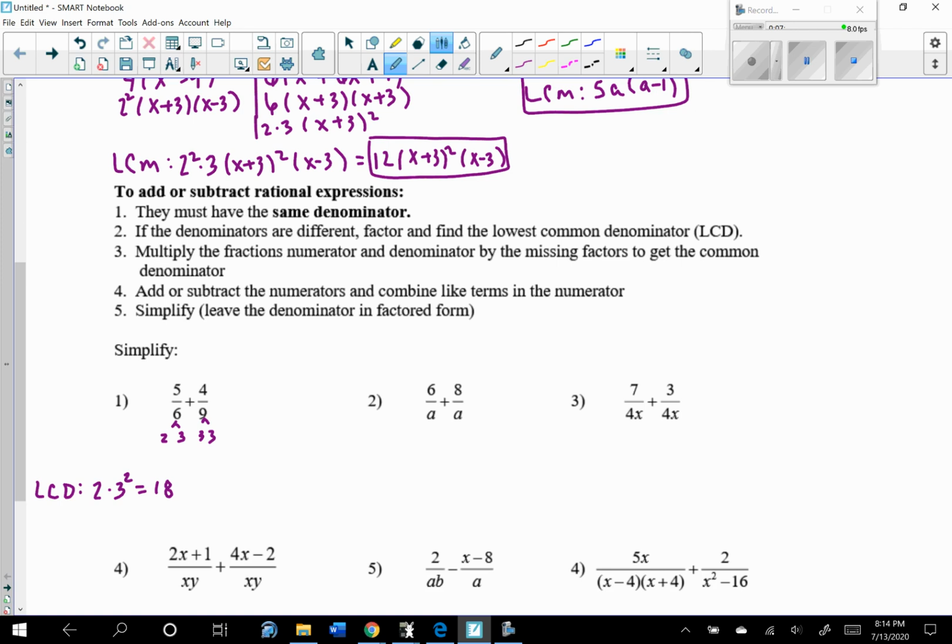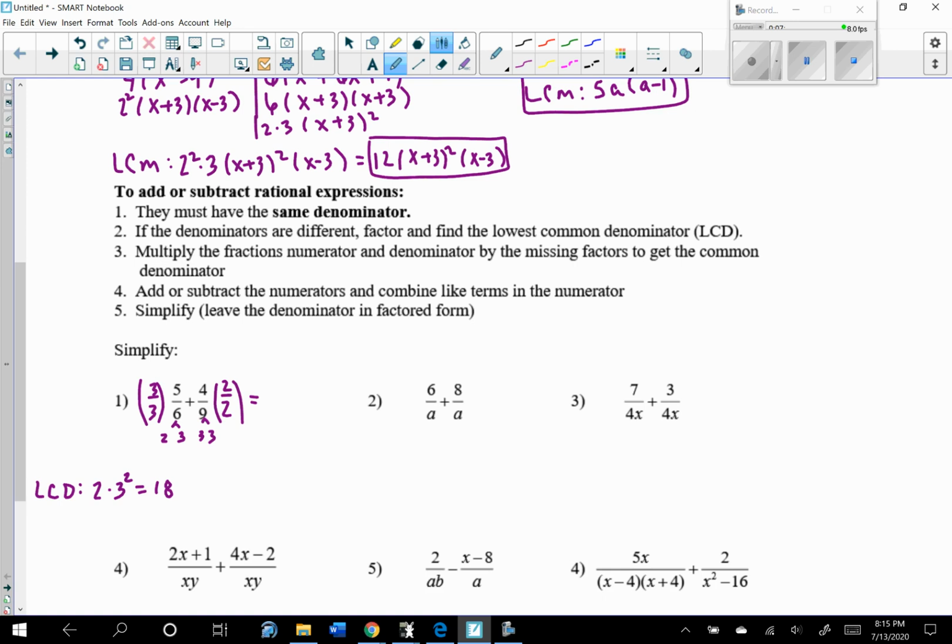Then I look for what's missing from my LCD in these denominators. This is 2 times 3, and this is 3 times 3. So this needs another 3, so we multiply both the numerator and the denominator by another 3. And over here, what are we missing from the LCD? We're missing a 2, so this needs to be multiplied by 2 over 2, because what you do in the numerator, you also have to do in the denominator, so it doesn't change the value. So you multiply numerator times numerator, denominator times denominator.